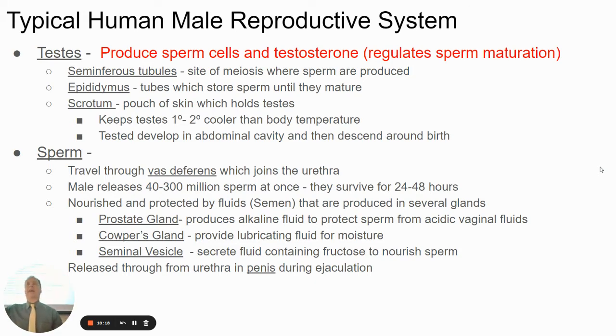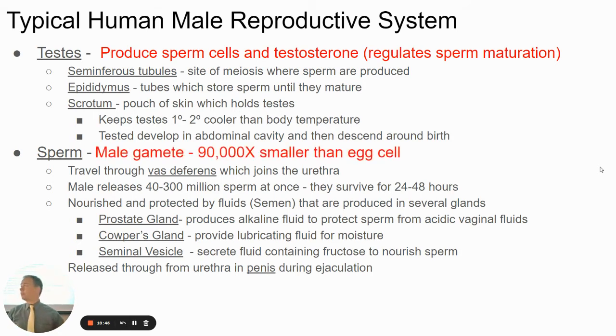So the testes are outside of the body in the scrotum to keep them slightly cooler than normal body temperature. And during fetal development, testes are typically inside of the body. And then typically soon after birth or right before birth, the testes, they call it, descend and move into the scrotum from inside of the abdominal cavity.